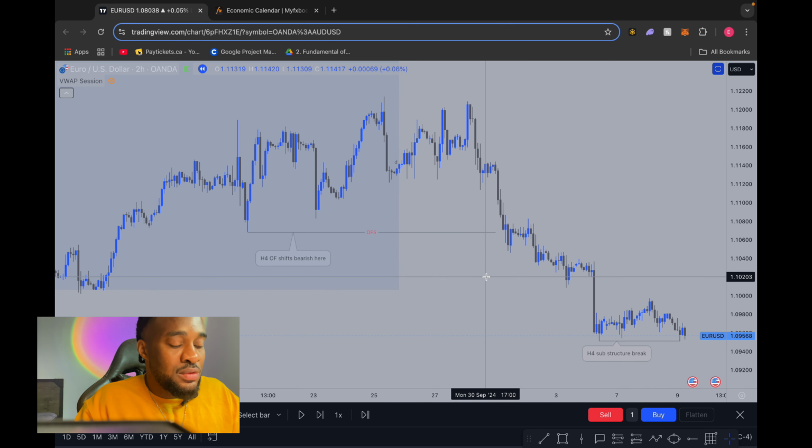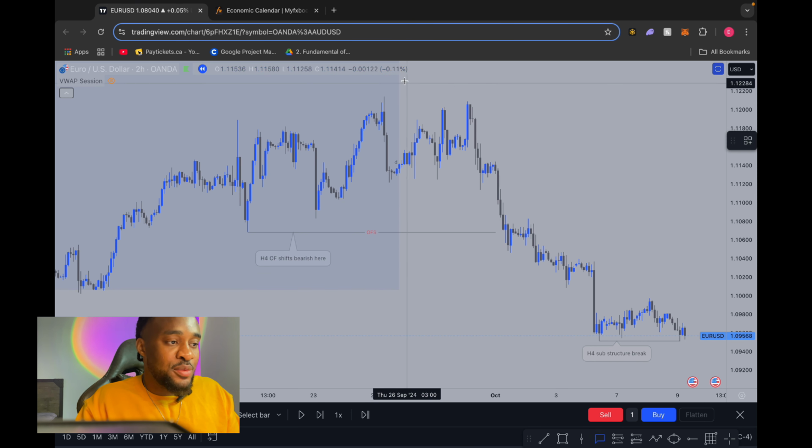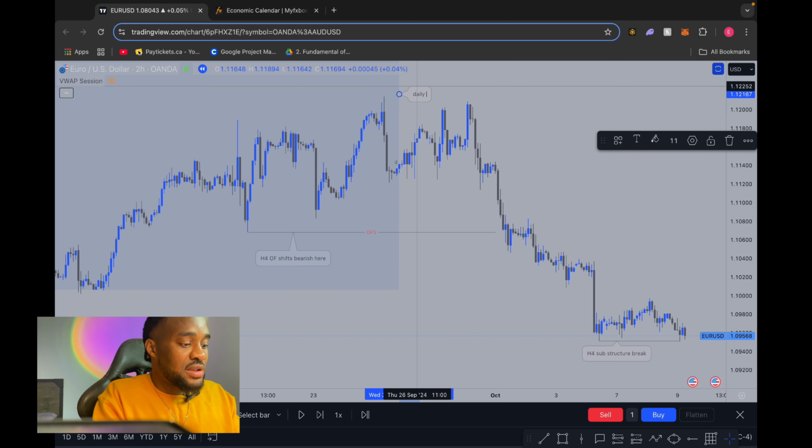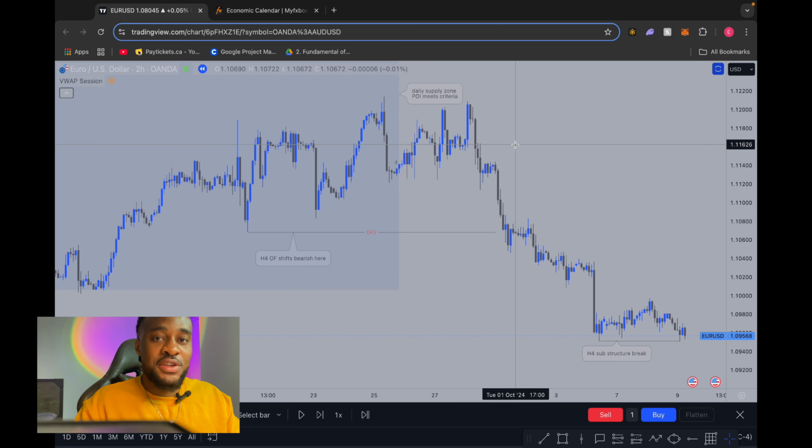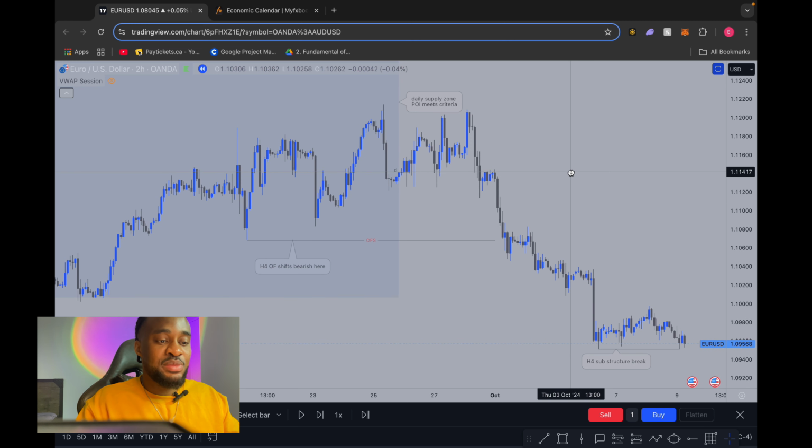Another question I ask myself is, where did this reaction come from? Right now, the reaction came from a daily supply zone. And I always like to put POI meets criteria, just so I tell myself that this supply zone was not just a random supply zone, but rather one that actually fits my trade plan, which means it met criteria.